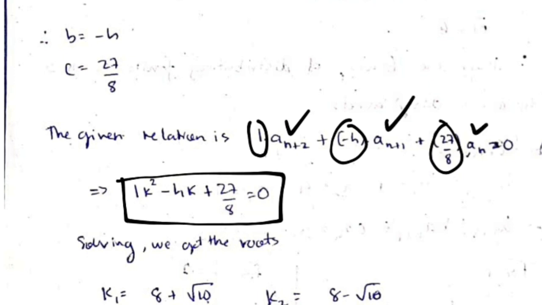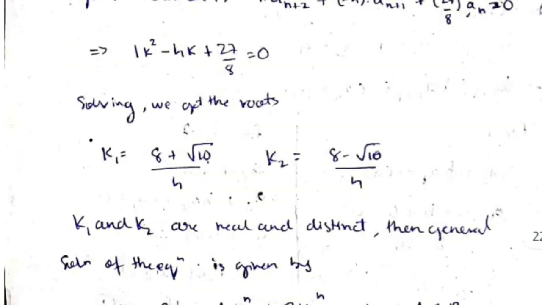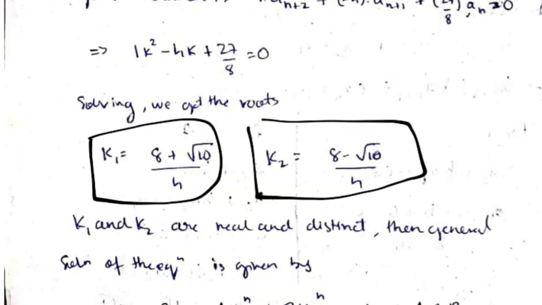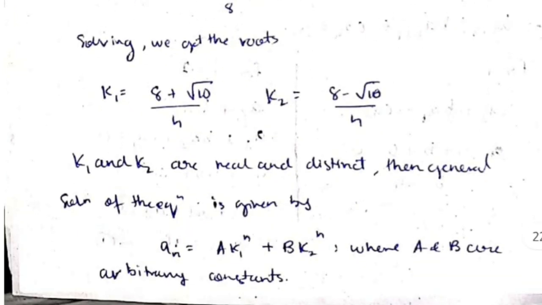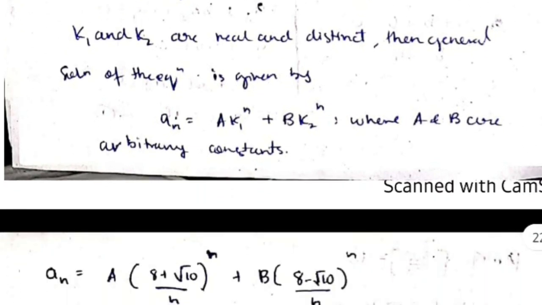These will be replaced by k squared, k and 1. Okay, k1 and k2. So we will get the roots k1 and k2, and see, they are distinct and real, right? So we have the formula for distinct and real roots, which is a(n) equal to a into k1 raised to n plus b into k2 raised to n. Okay, this is the standard formula for real and distinct roots.